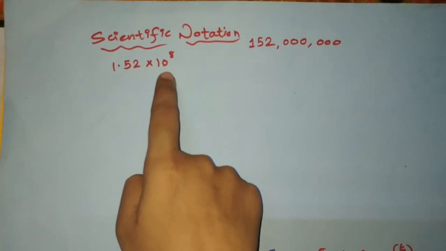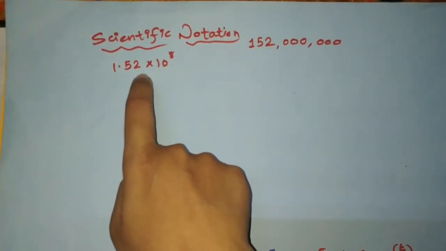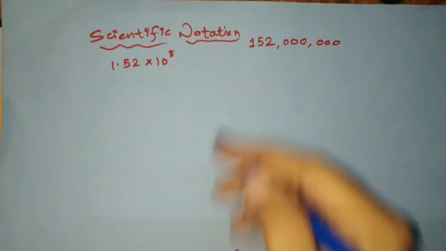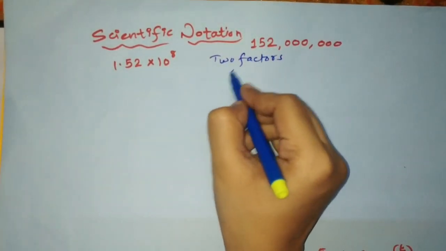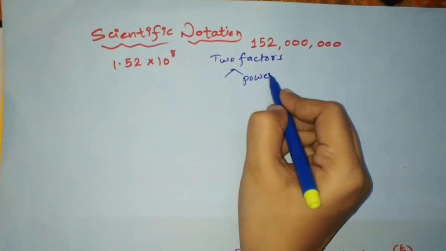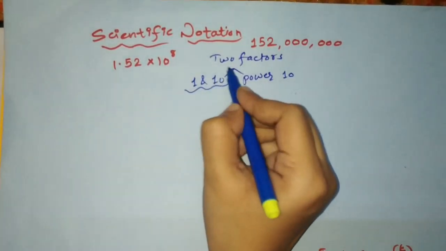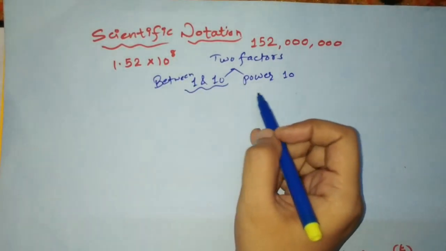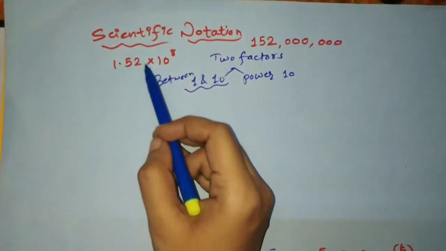One is a power of 10, and another factor is a number between 1 and 10.